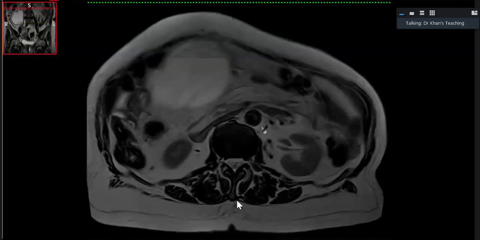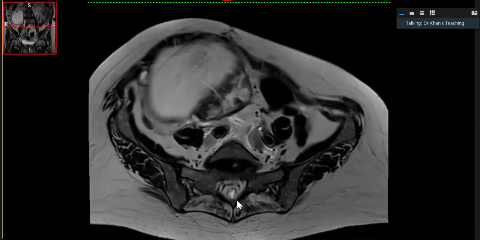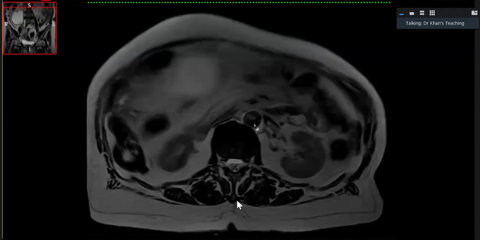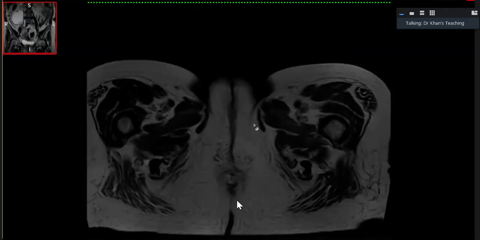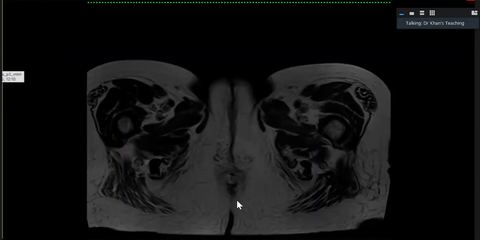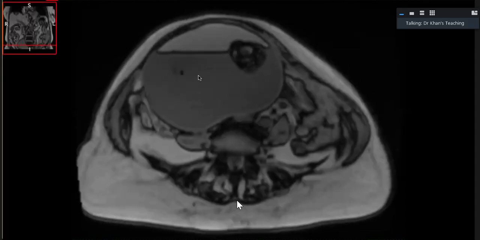Now, if you go superiorly, the maximum included on this scan is till here, where the liver is not included. So I showed you an opposed-phase T1 weighted sequence.